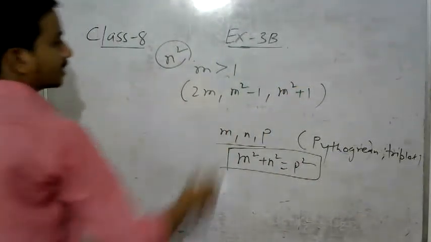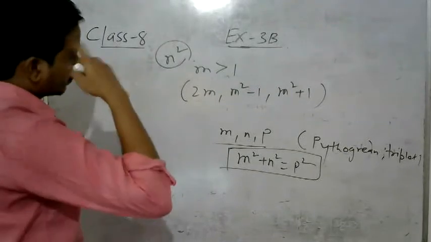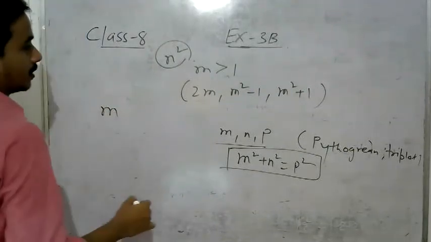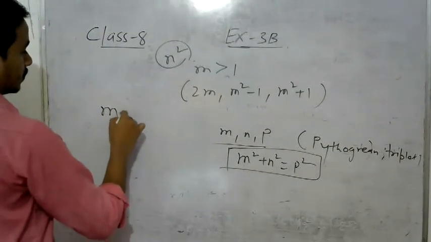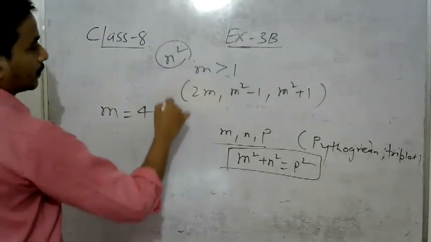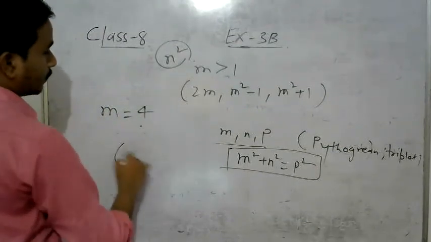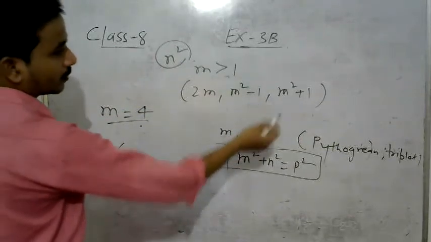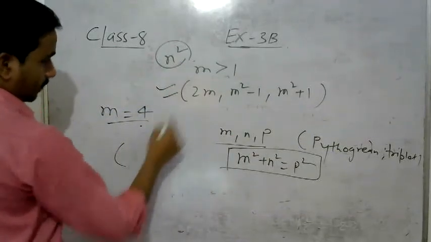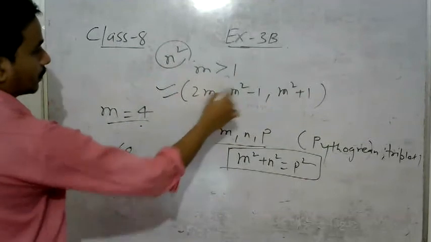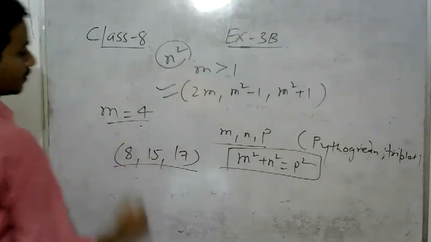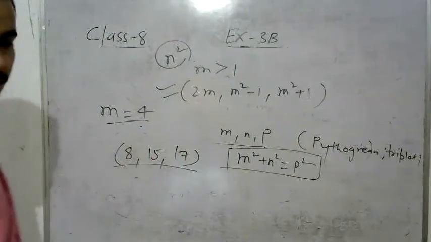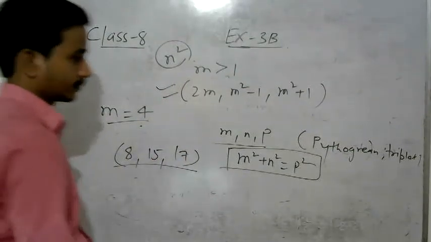For example, you have to find a Pythagorean triplet. Put m equal to 4. For m equal to 4, the Pythagorean triplet is 4 2s are 8, 4 4s are 16 minus 1 is 15, 16 plus 1 is 17. So 8, 15, 17 is a Pythagorean triplet.